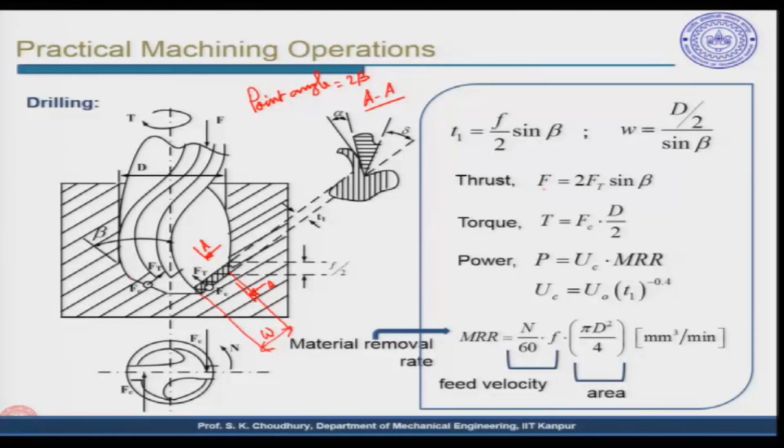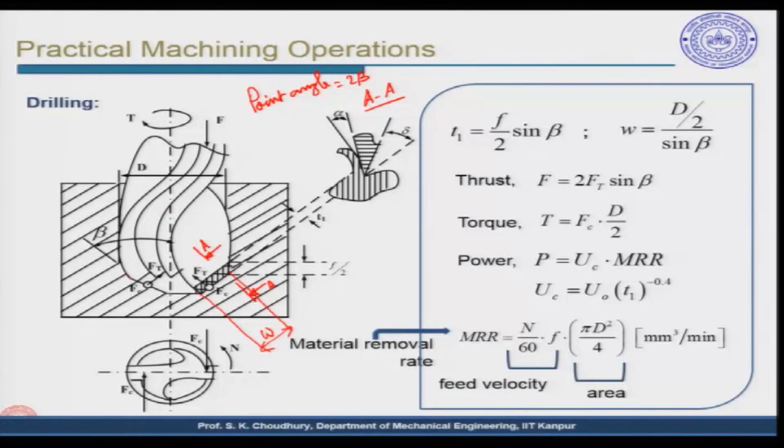The thrust is given by 2 into Ft into sine beta, and the torque is given by Fc into d by 2. We are assuming that this is half of the diameter. Let us say it's acting at half of the diameter, and the total distance between these two will be half of the diameter of the drill or diameter of the hole, as I said.